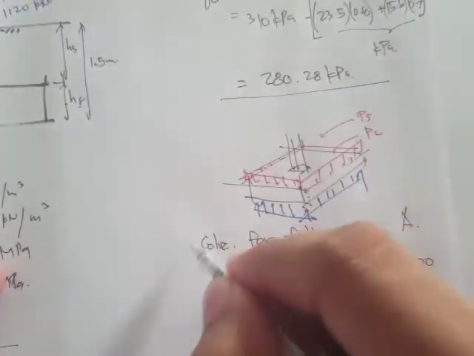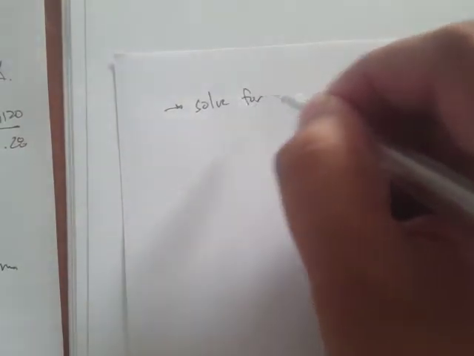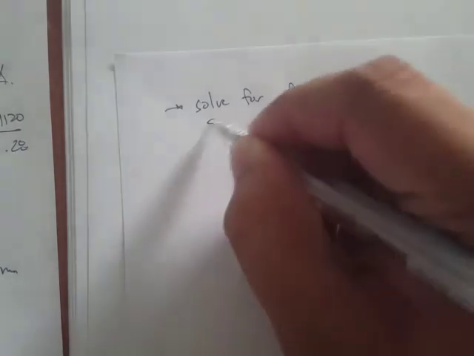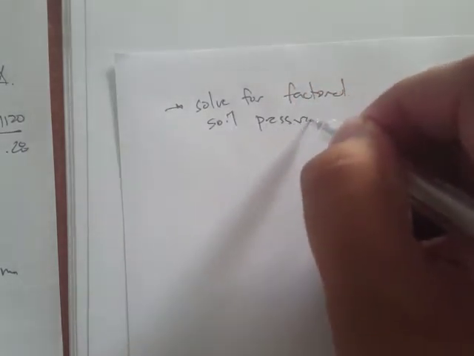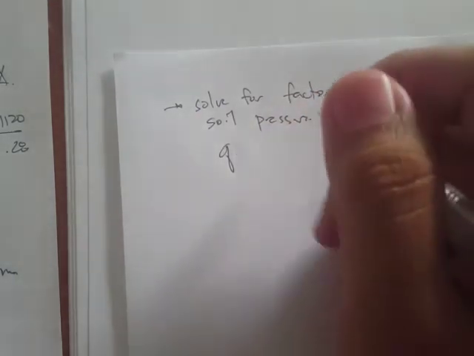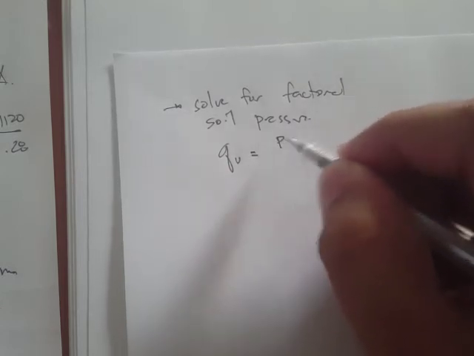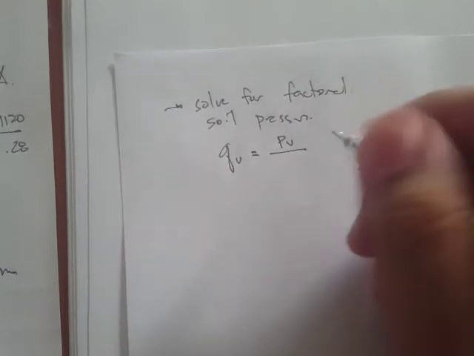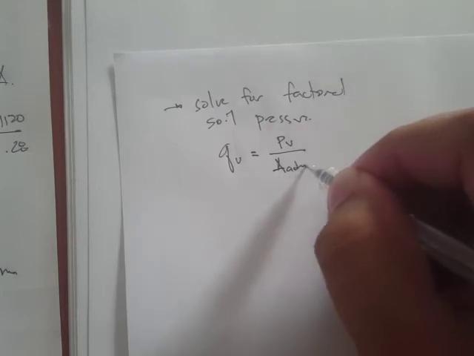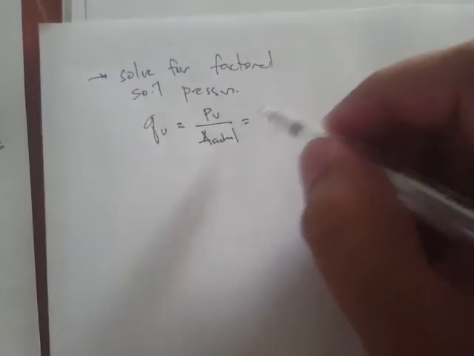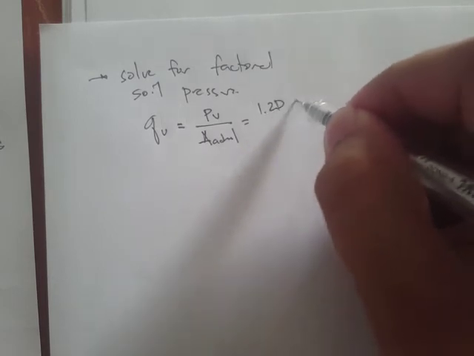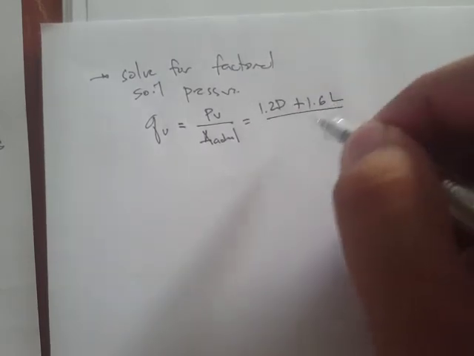Right, so now the next step is to solve for the factored soil pressure. Our factored soil pressure is Q sub U, that's the factored loads divided by the actual area. What is this factored loads? We have a loading combination of 1.2 dead plus 1.6 live divided by the actual.